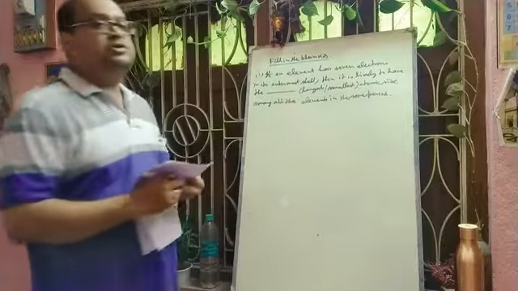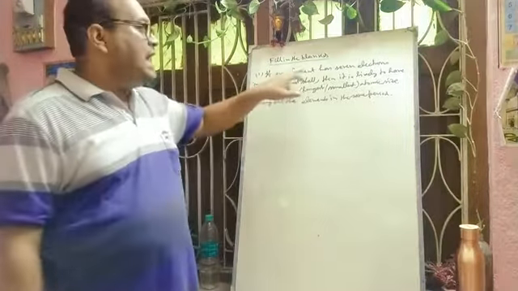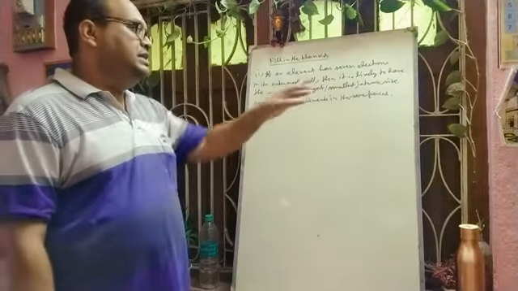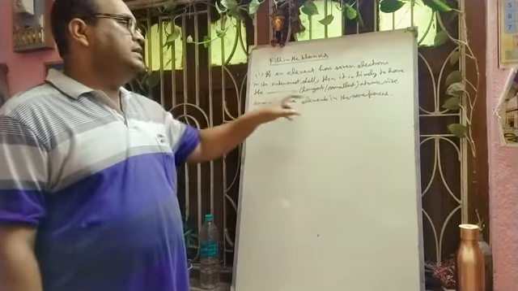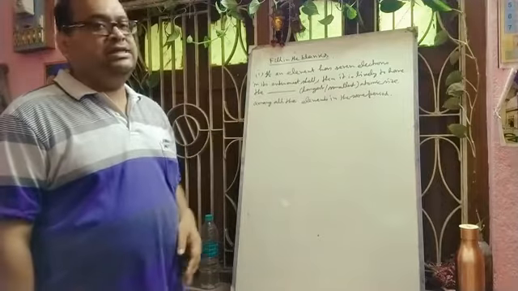Okay. So if you look at the question, if an element has 7 electrons in its outermost shell, then it is likely to have the largest or smallest atomic size among all the elements in the same period.